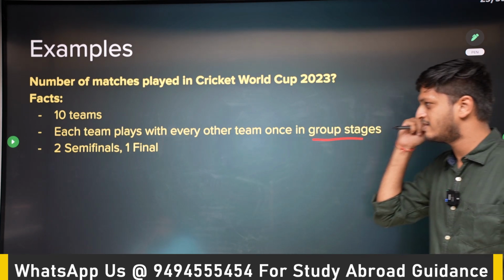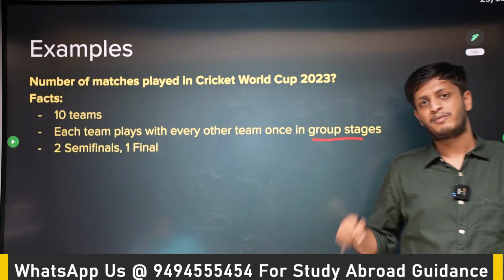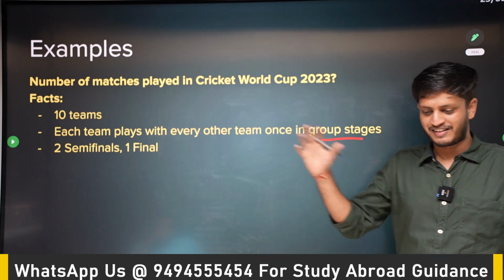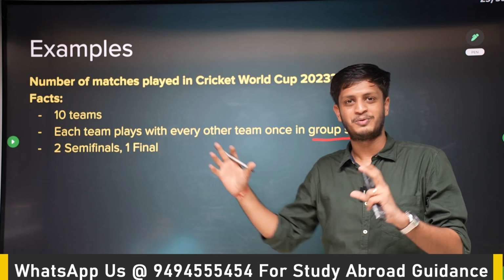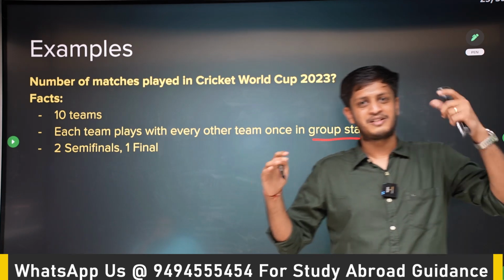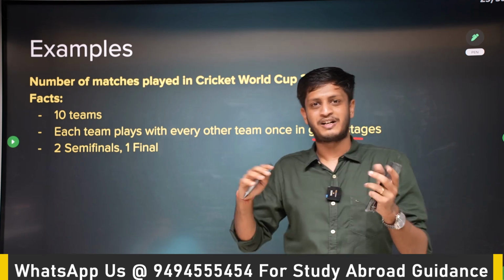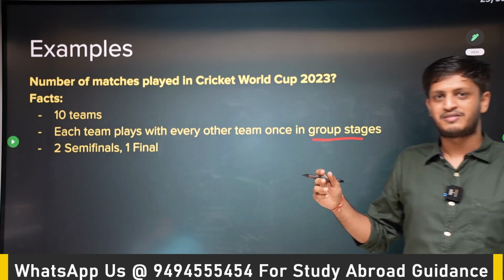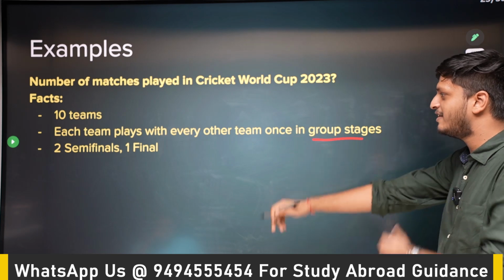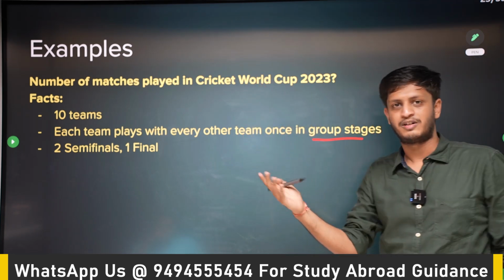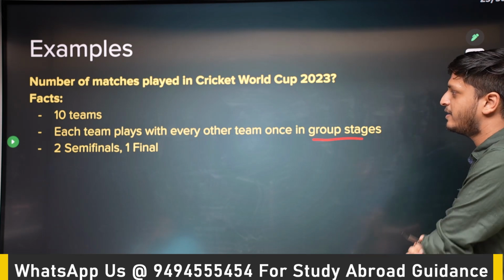Very easy problem. The IPL problem is slightly more difficult. There are 2 pools. Teams in one pool play the same pool once and the other pool twice, something like that. Just try to do the IPL problem as homework. This one is simpler, 10 teams.